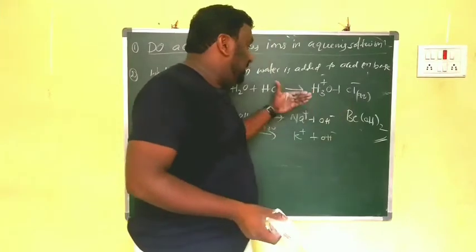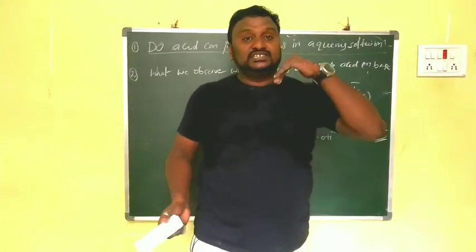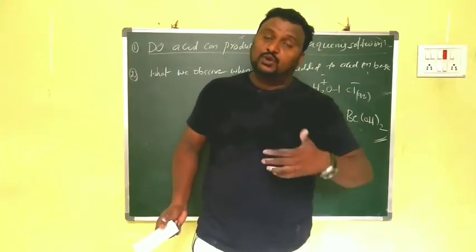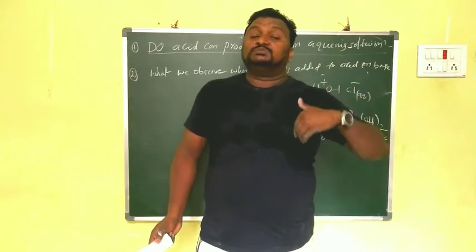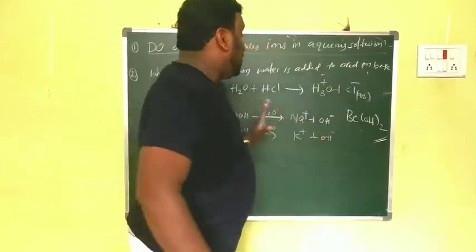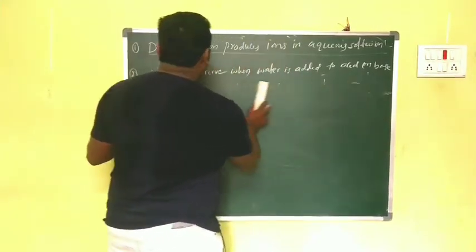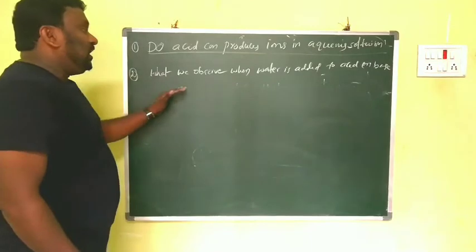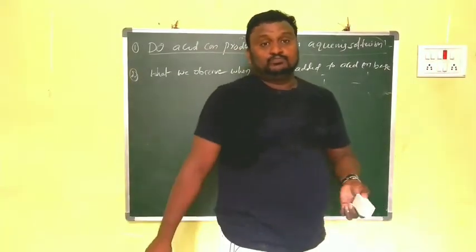Simple. From all these activities, what would you say? When an acid is combined with water, it dissociates, or separates, into ions. Bases which are dissolved in water should be called alkali, but all bases are not dissolved in water. Clear? And after that we have another topic here. What we observe when water is added to an acid or base.